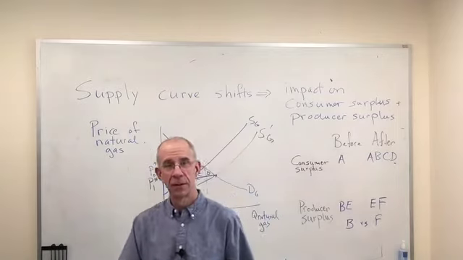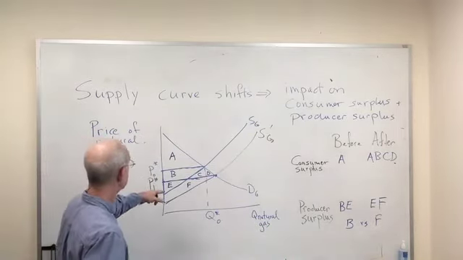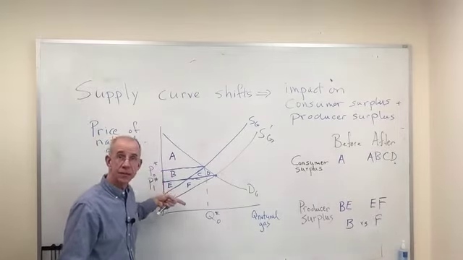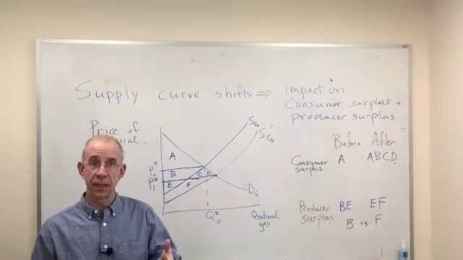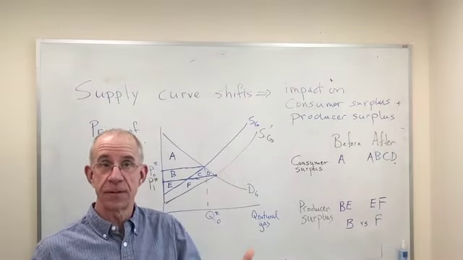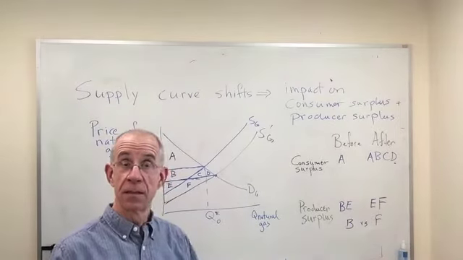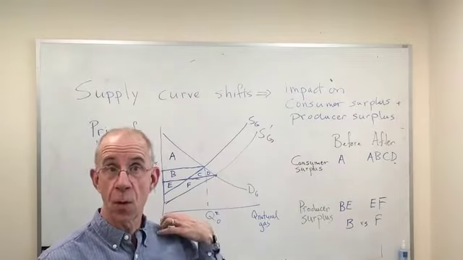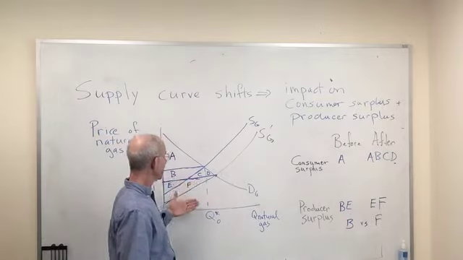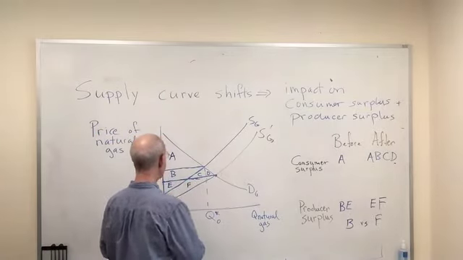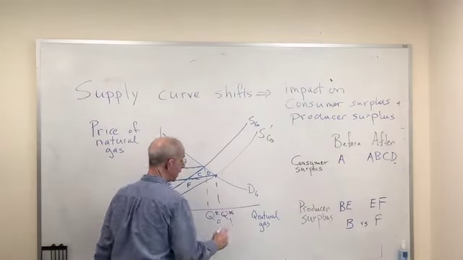What this reflects is that B is lost to these firms as the price goes down. Because of the differences in technological conditions, the shift in the supply curve, they sell this product for a lower price. But their costs have gone down, and the amount that they sell has gone up.